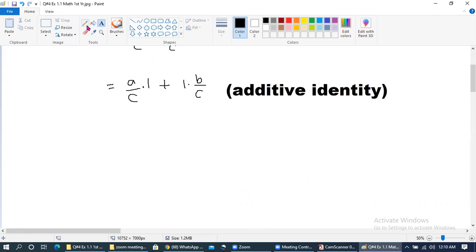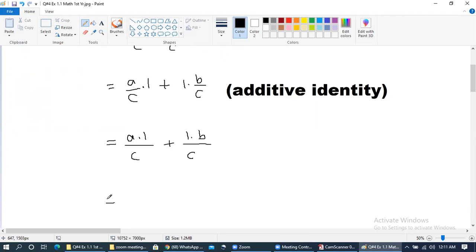Now again, when two things are being multiplied with each other, and here we have two numerators, a and 1, this can be written in this form. Similarly, the next can be written as 1 multiplied by b/c.